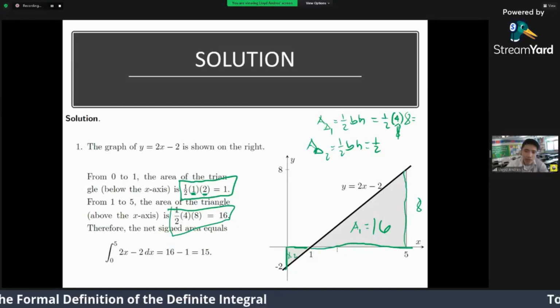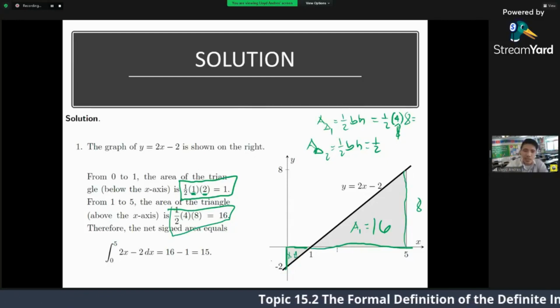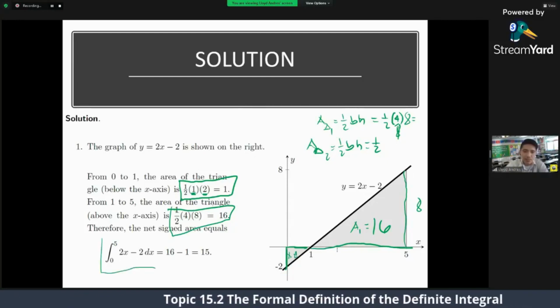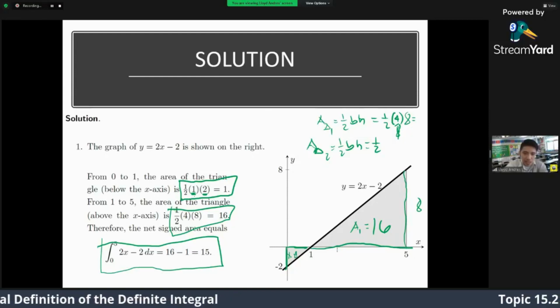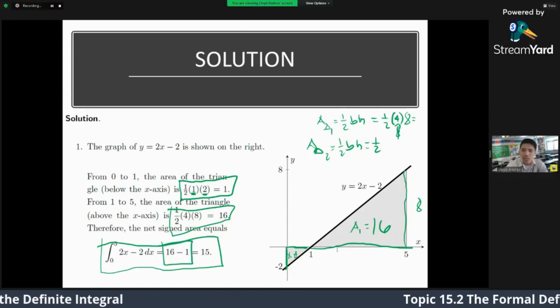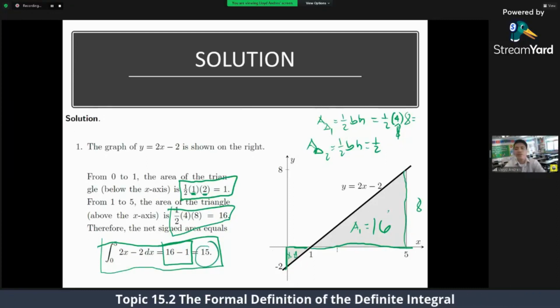So 1/2 times 1 times 2 is 1. Meaning, this one is 1. From that, we can say that the integral of 2x minus 2 dx from 0 to 5 is 16 minus 1: 16 because it is above, minus 1 because it is below. Therefore, the integral is 15.